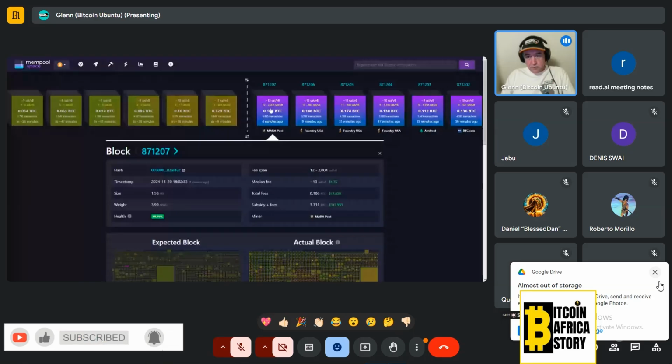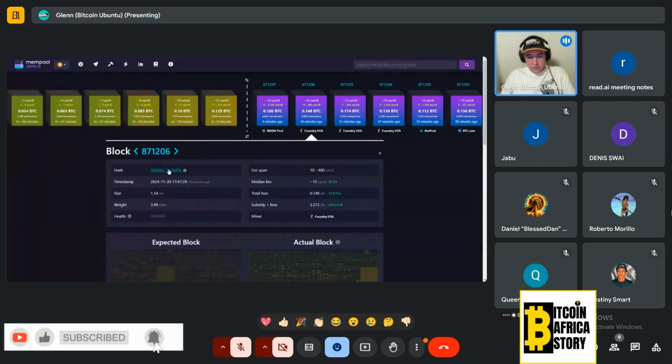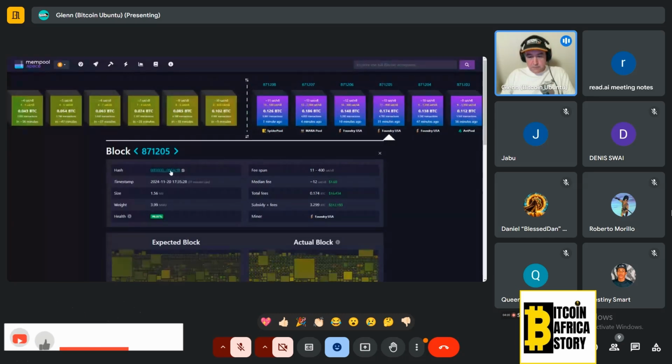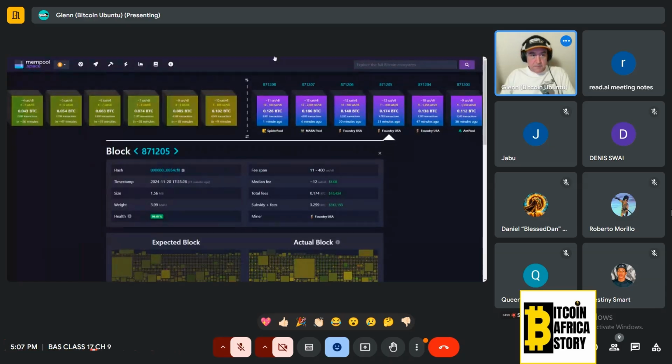So if we have a look over here at mempool.space, which you guys are familiar with by now, you'll see if we go to any of these blocks, we can see it's got a unique block hash. And as we know now, a hash is like a unique fingerprint. So this block hash is unique to this block of transactions.